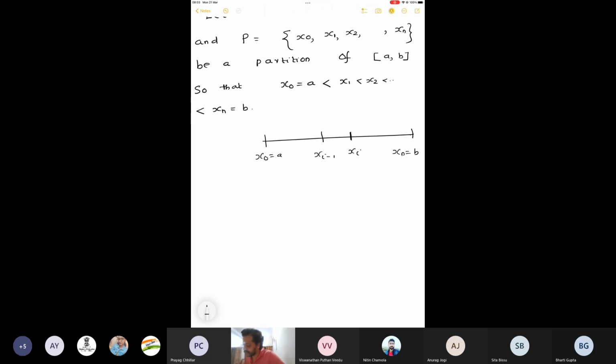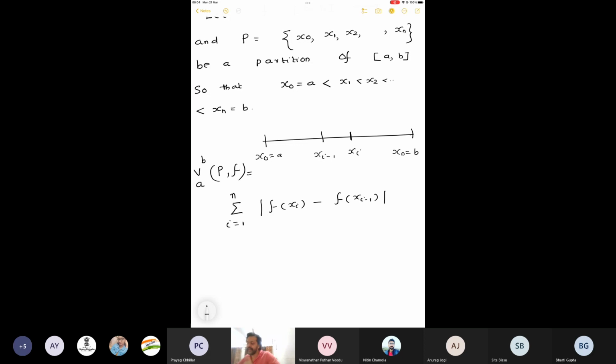That is, look at f of xi minus f of xi minus 1 in absolute value, and do it for each subinterval determined by the partition and sum it. This quantity we shall denote by V over AB of the function f corresponding to the partition P: V, A, B, P, f.